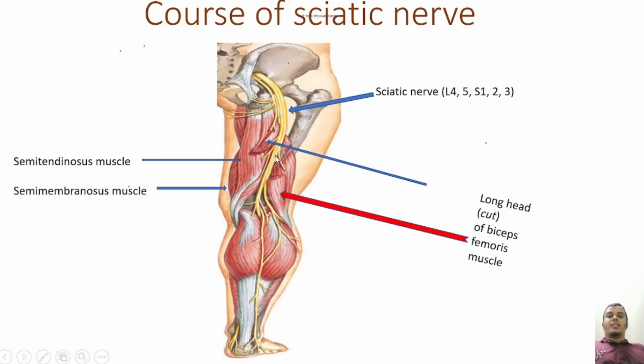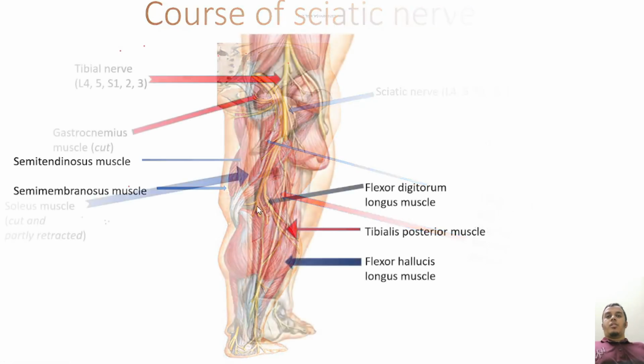Then it enters the posterior aspect of the knee and divides into two nerves, the tibial nerve and the common peroneal nerve. The tibial nerve supplies the posterior aspect of the leg and sole.